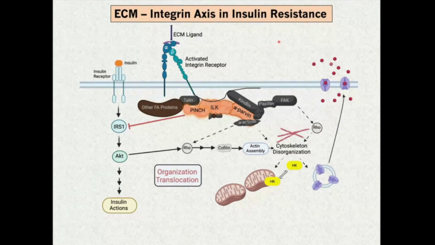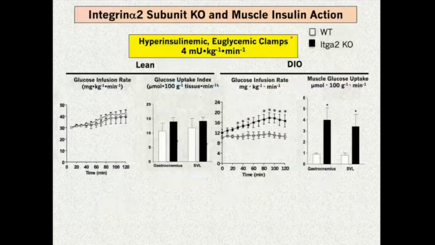Specifically, we studied three different integrin receptor alpha subunits. The alpha 2 subunit had an effect, and that's what I'm going to show you. So this is the hyperinsulinemic euglycemic clamp in integrin alpha 2 subunit knockouts and how it affects muscle insulin action. Here are lean mice.